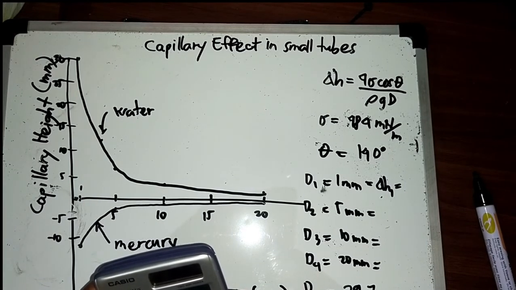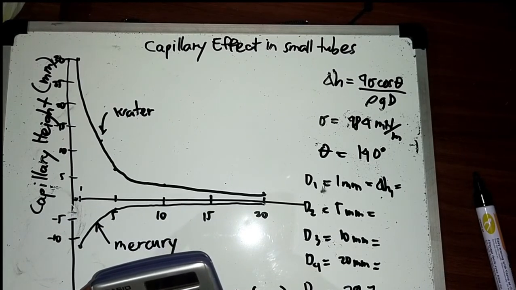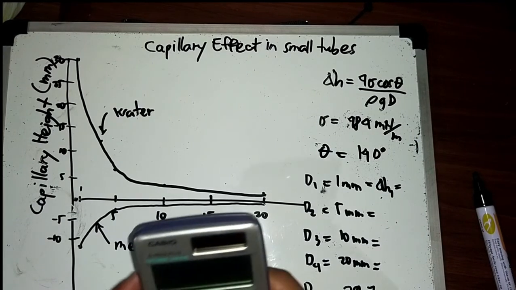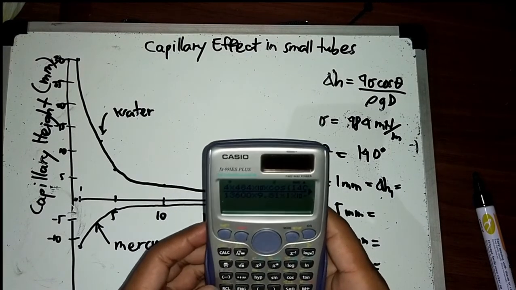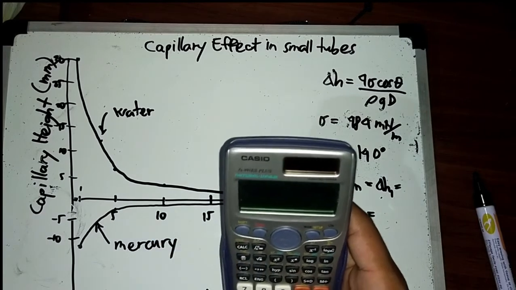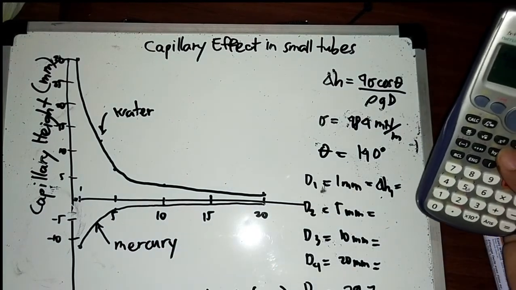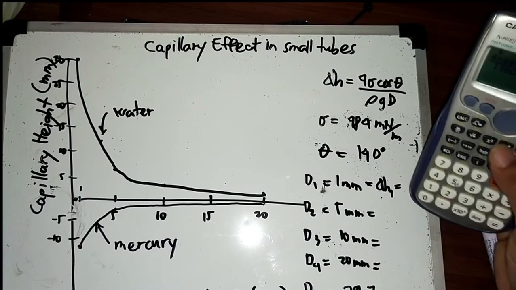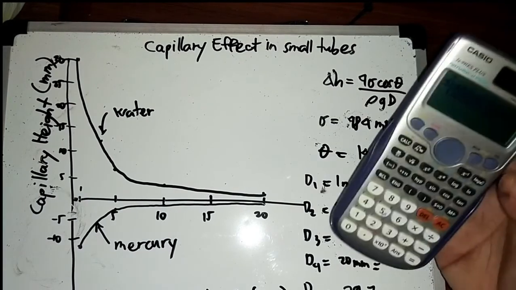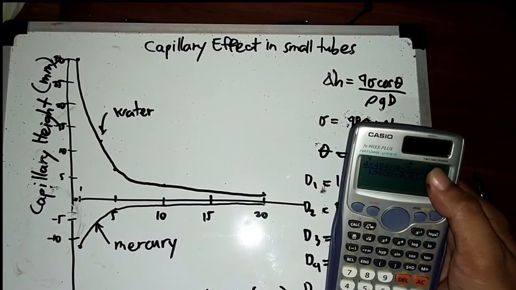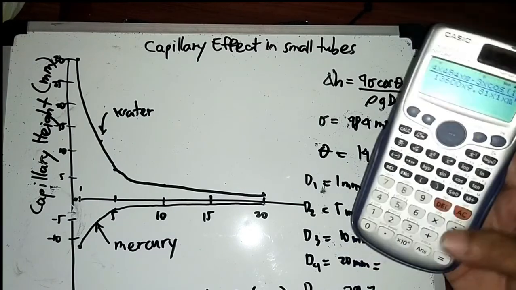So is this right? We forgot to write times 10 to the negative 3. We forgot to convert into Newton per meter, so we will multiply times 10 to the negative 3 in the numerator.